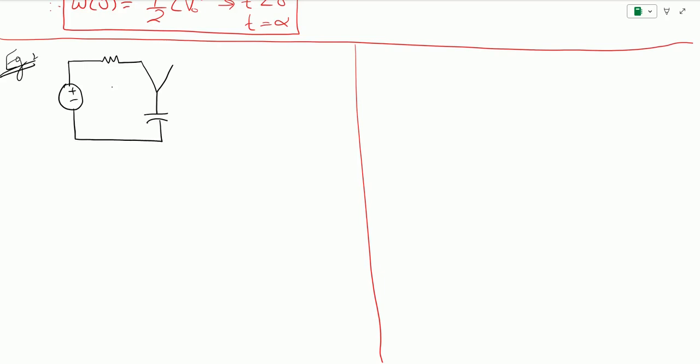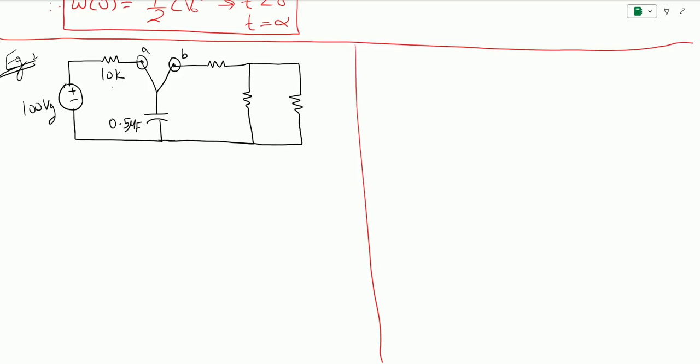This is point A of the switch and this is point B. The capacitor is 0.5 microfarad, the voltage is 100 V, the resistor is 10K, and then we have another resistor in parallel to it, and another parallel resistor. This is the combination that we have: a 60K resistor, a 240K, and a 32K.